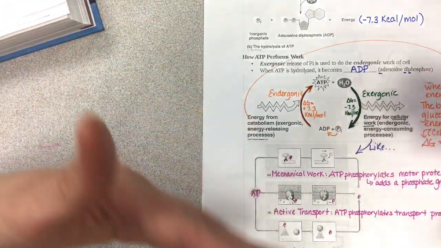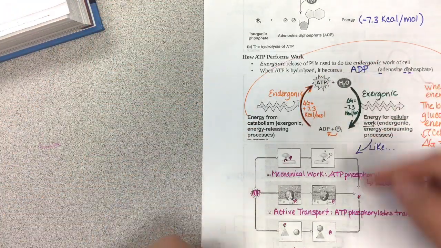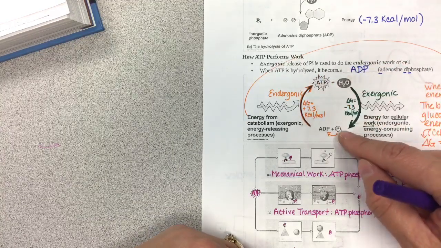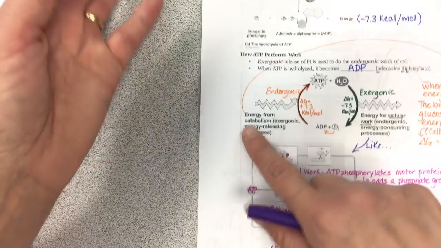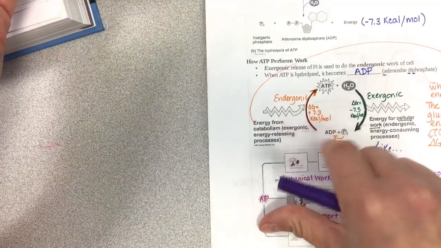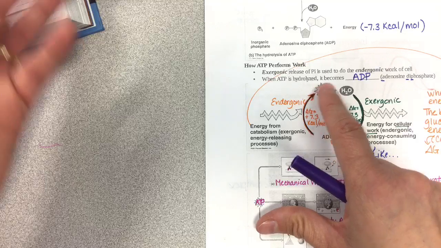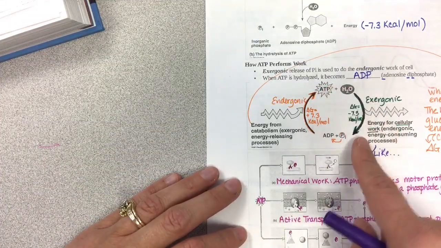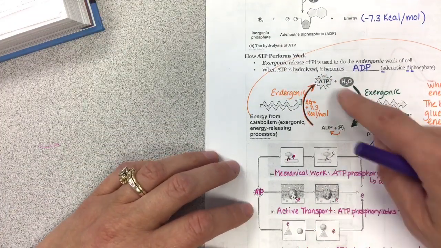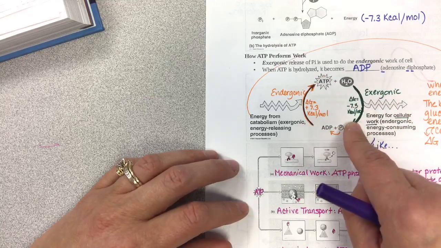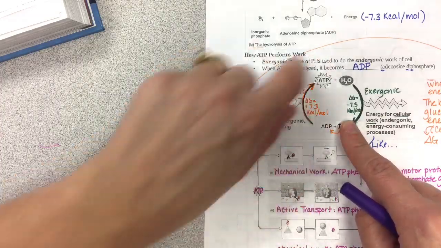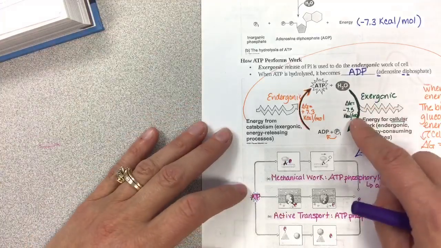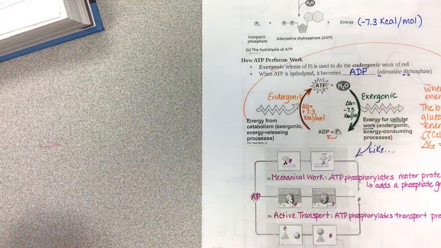Let's say at first you were running, so you're exercising, breaking down a lot of ATP faster than you could make it, and so the enzymes are activated here to break down more glucose so that you can get more energy to make ATP. But now you're done running, and you're lying on the couch and you don't need as much energy, so you're not breaking down ATP as much, and this part starts slowing down, but you've still got this one going fast, all right? So now we're imbalanced again, and what we want to do is slow the making of ATP down.